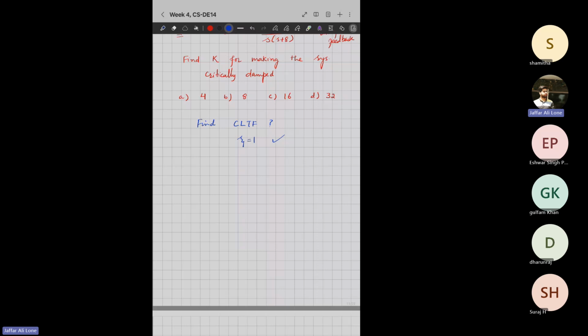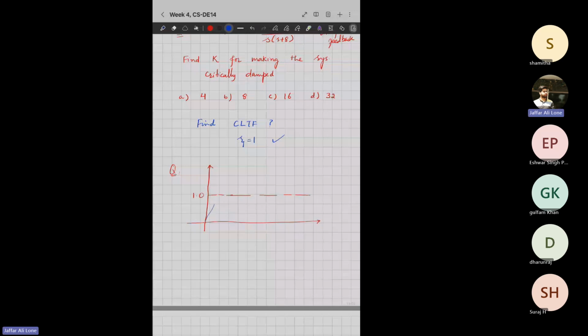It's a bit tricky, but we have solved a question based on this. So I want all of you to solve it. Keep your calculators ready. You're given the response of a second order system where the steady state value is 1.